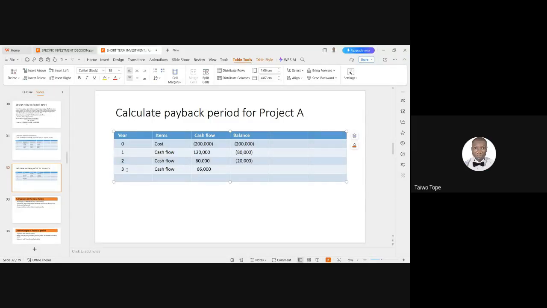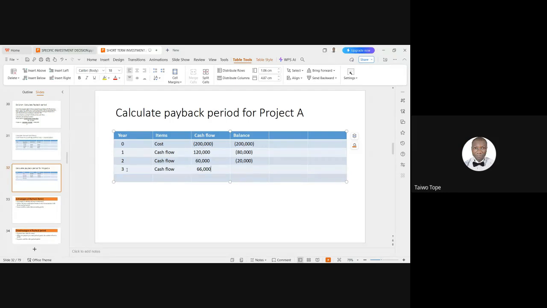So this 66,000 in year 3, if you remove 20,000 out of it, what we're trying to determine is the period, how long it took to pay, the period we'll recoup our 200,000.